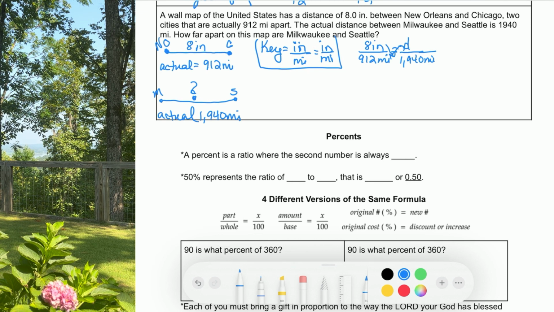Now we're going to cross multiply on both of these. On the first one, I get 912D. The second side, I have 8 times 1,940. That's going to be quite a large number. We get 15,520. Rewrite this just so we can show the next step.